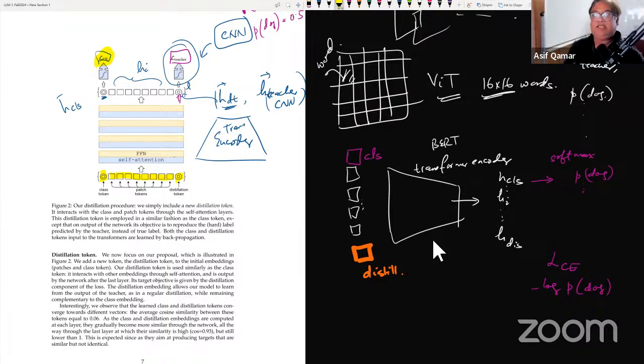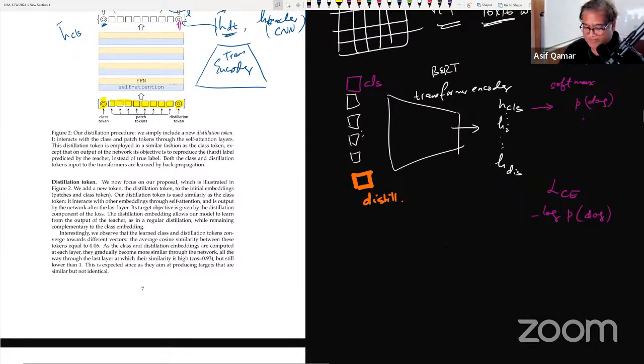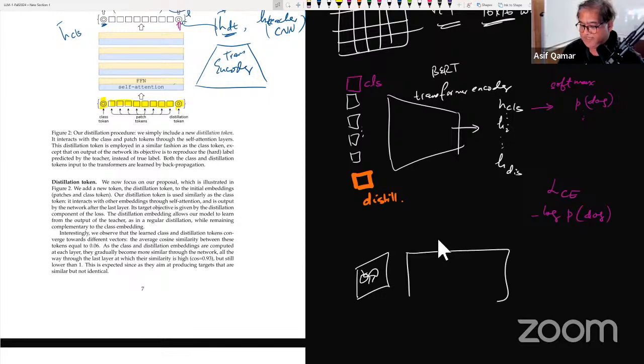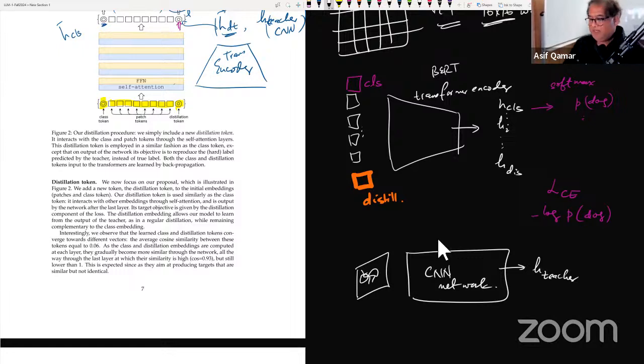But the additional thing that the DeiT paper did is they said, wait a minute, we also have the benefit of taking this image of a dog and passing it through a CNN network. It will also produce a hidden state, which we call the teacher state, and therefore we can find the probability of a dog.